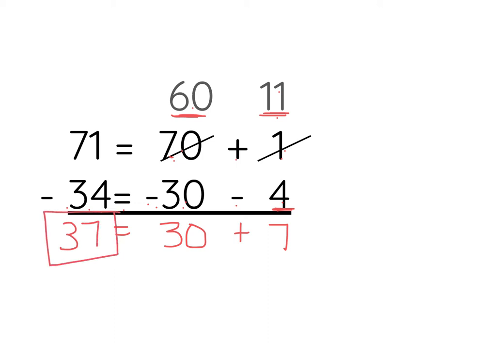Remember, you can always add back to check. 30 plus 30 equals 60. 7 plus 4 equals 11, which equals 71. So 71 minus 34 equals 37.